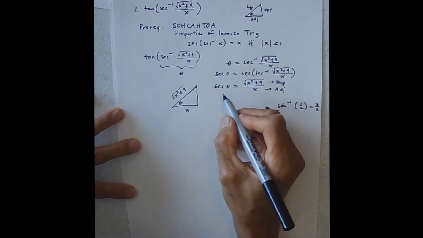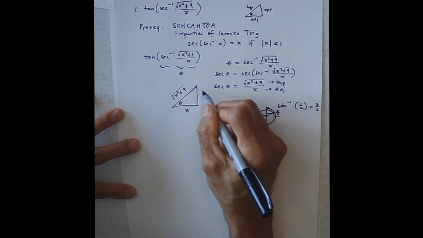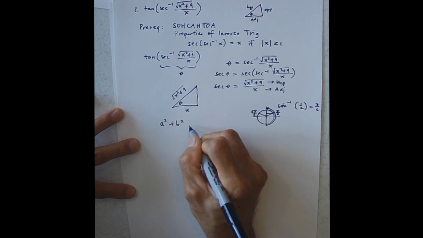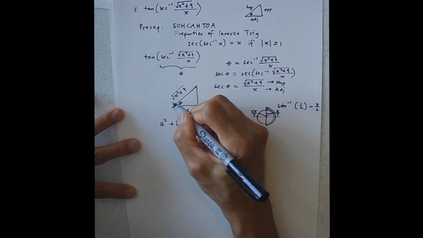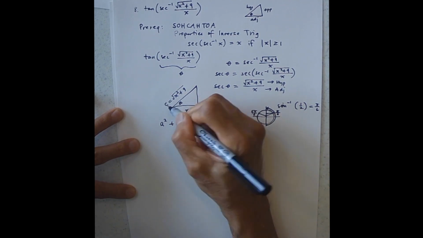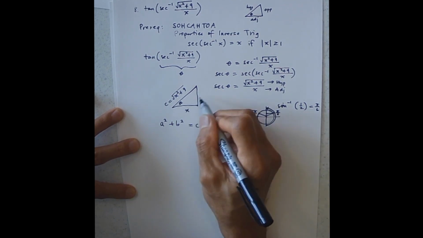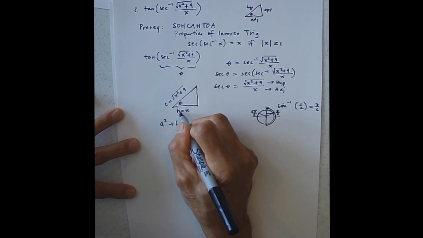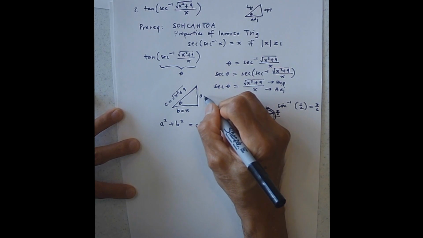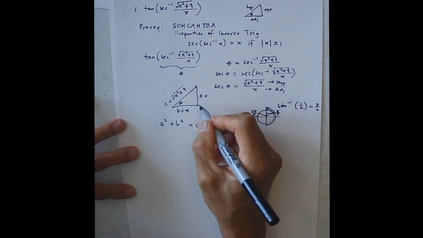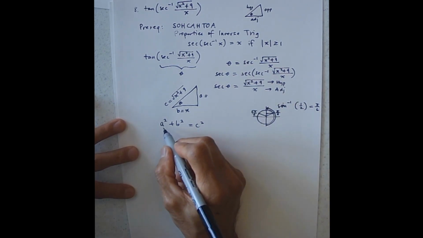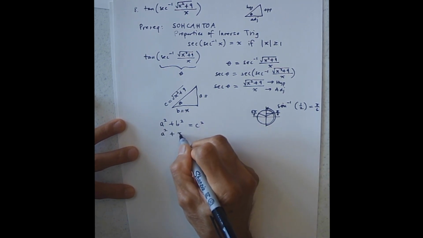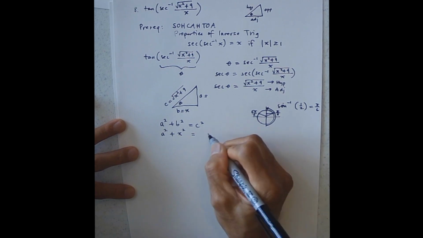Using Pythagorean Theorem, we can find an expression for this one here. So a squared plus b squared is equal to c squared. You know that the hypotenuse is always c. This could be either a or b. Now, I normally would call this b for the base, and this is a for the altitude, okay? But they can be interchanged. So we want to solve for a. b is x, it's going to be squared, and c has to be squared as well.